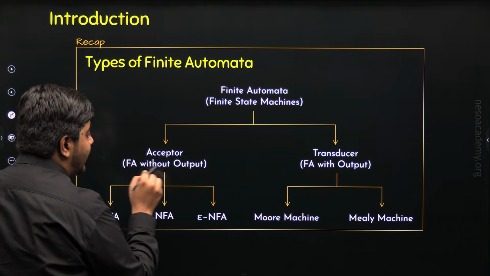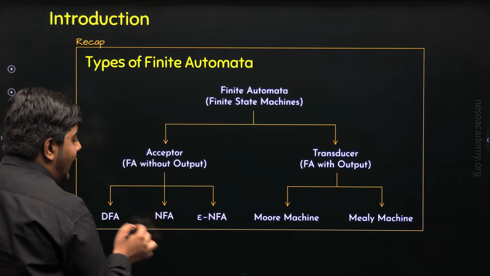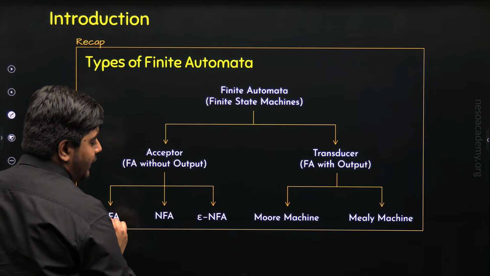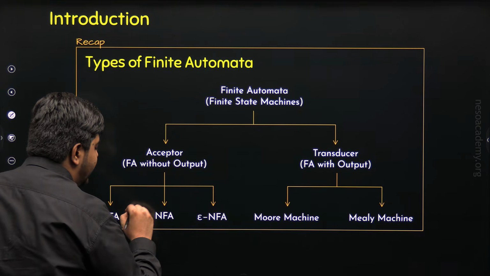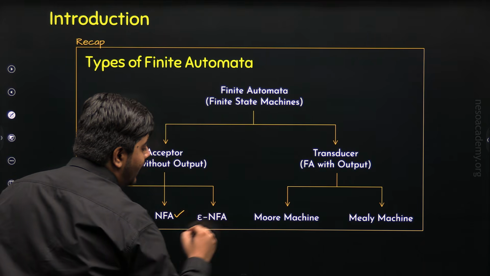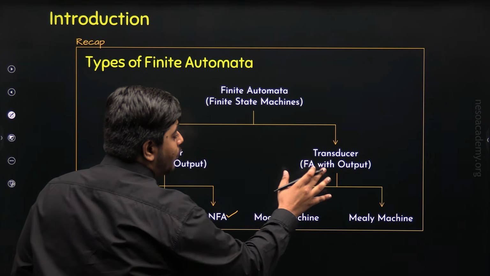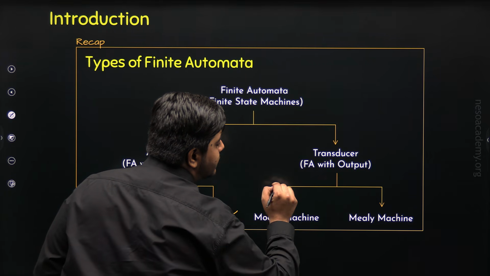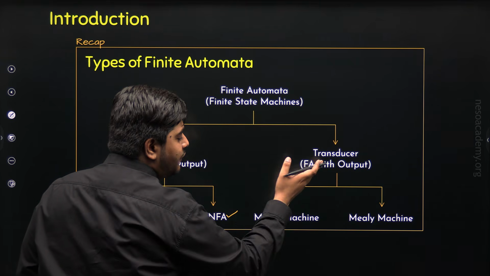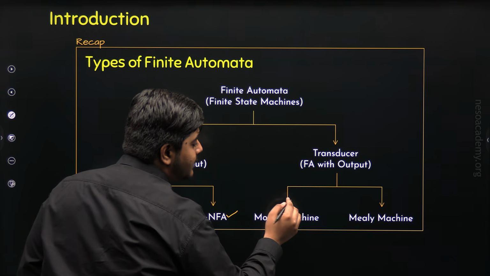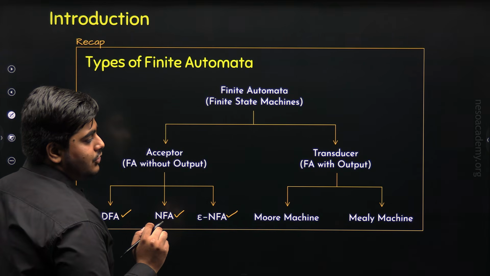Now, finite automata without output are further classified into DFA, NFA, and epsilon NFA. And in the previous lectures, we have already studied DFA, NFA, and epsilon NFA. From this lecture onwards, we are going to understand transducers or finite automata with output. They are further classified into Moore machines and Mealy machines, which we will understand in our upcoming lectures.